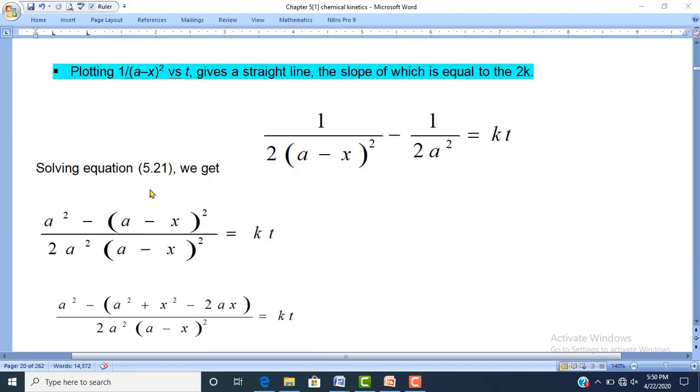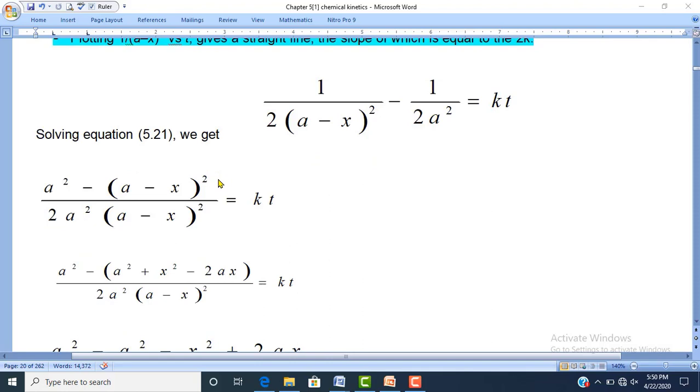So if we further solve the equation 5.21, we will take the LCM of these denominators. The LCM is equal to 2a square into (a minus x) raised to power 2, and in the numerator it will be a square minus (a minus x) square, is equal to kt.